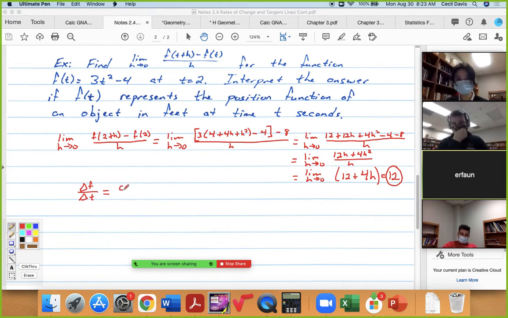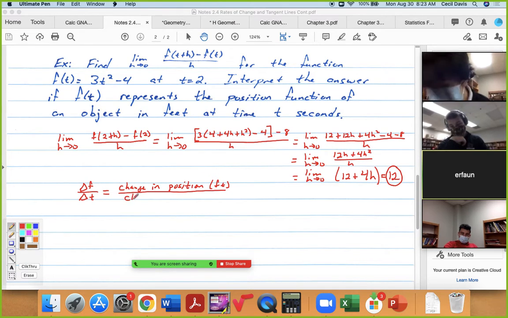So this is the change in position, measured in feet, over the change in time, measured in seconds.